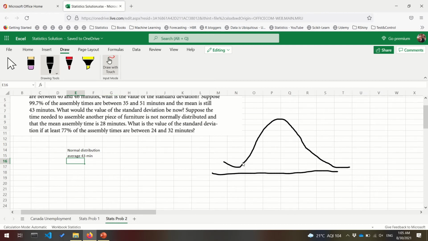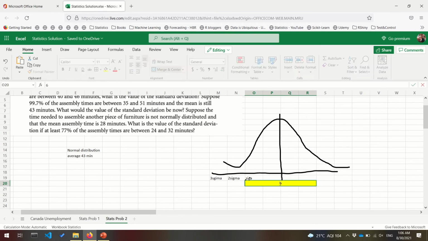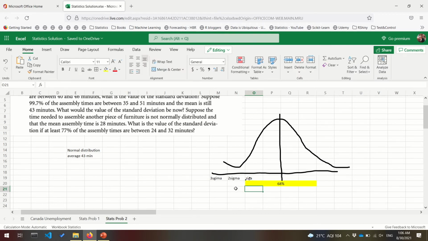Now if this is the central point, we remember that, let's say sigma, this is your 2 sigma and this is your 3 sigma. From this point to this point, it will be 68% of the data points.